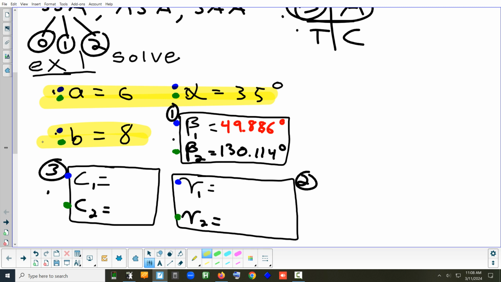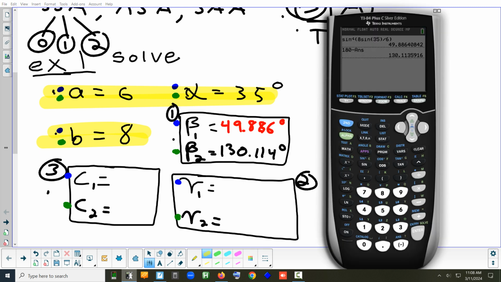Right. So now, how would we get gamma 1? We would subtract the alpha and the beta combined from 180. Can you be more specific? 180 subtracted by 35 plus, in parentheses, 49.886.